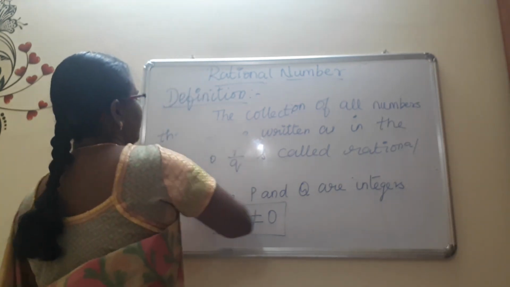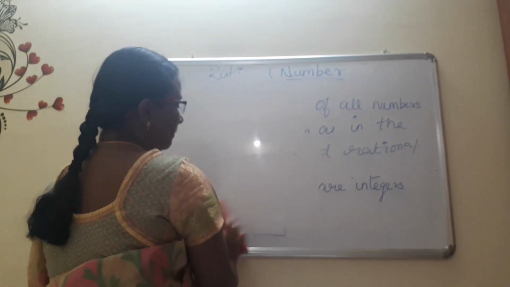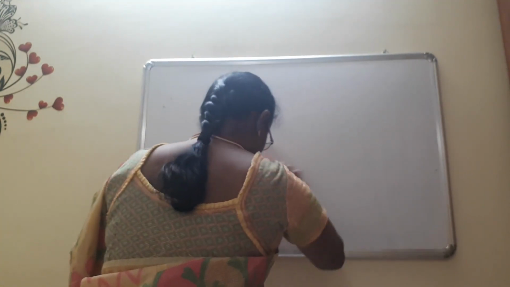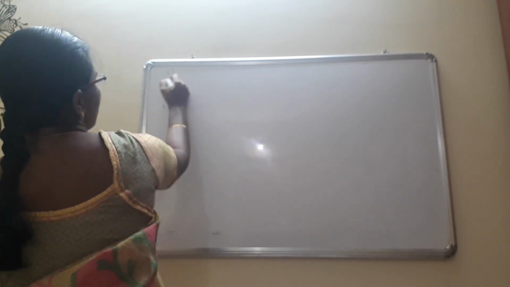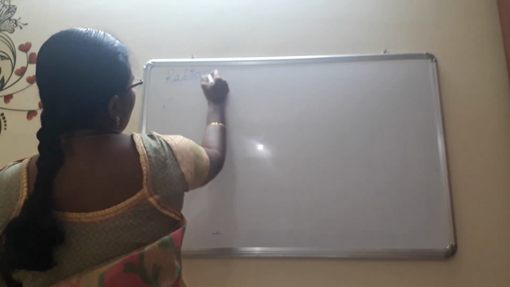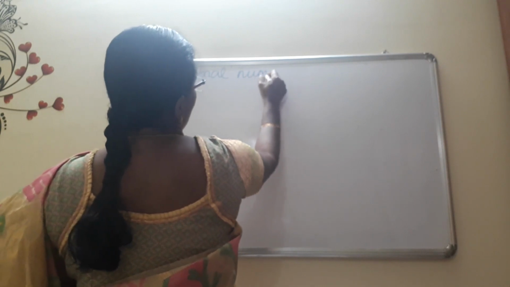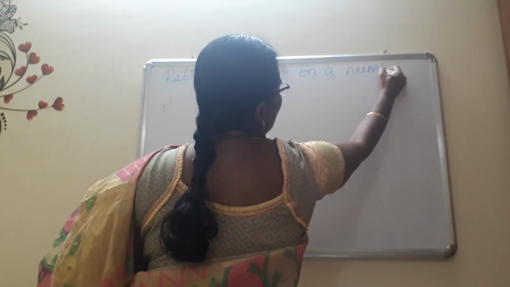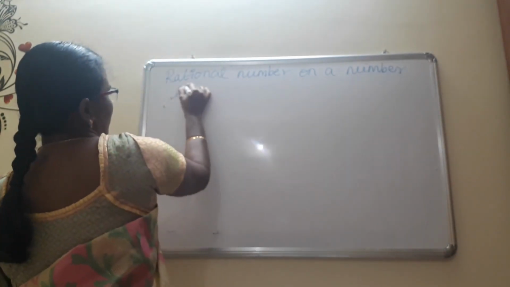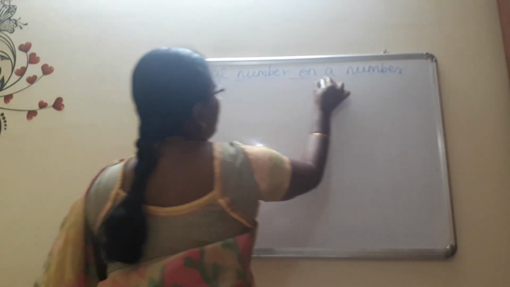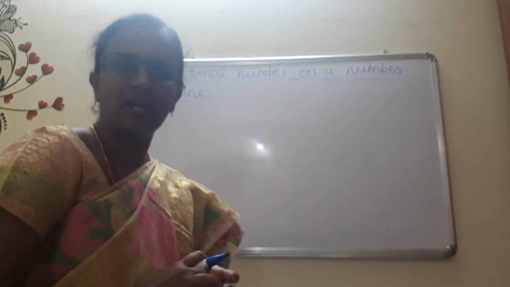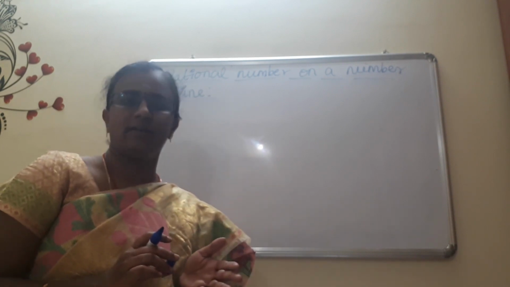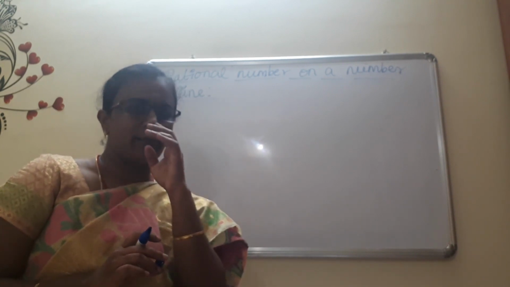Okay, now how can you denote a rational number on a number line? We already know that we can easily denote whole integers on a number line.